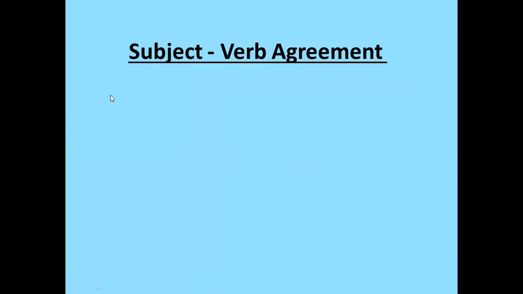The main topic of chapter 10 is subject-verb agreement. I'm sure that most of you have some kind of background information about this lesson. First of all, let's know what it means, subject-verb agreement.